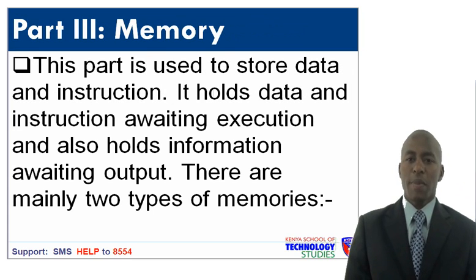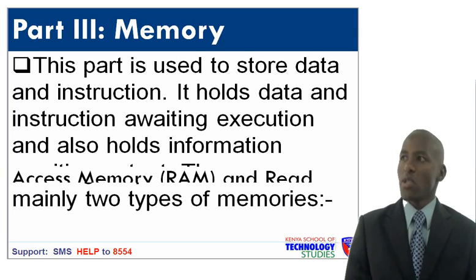Now let us look at part 3, where we are going to learn more about memory. This part is used to store data and instruction. It holds data and instruction awaiting execution, and also holds information awaiting output. There are mainly two types of memories.